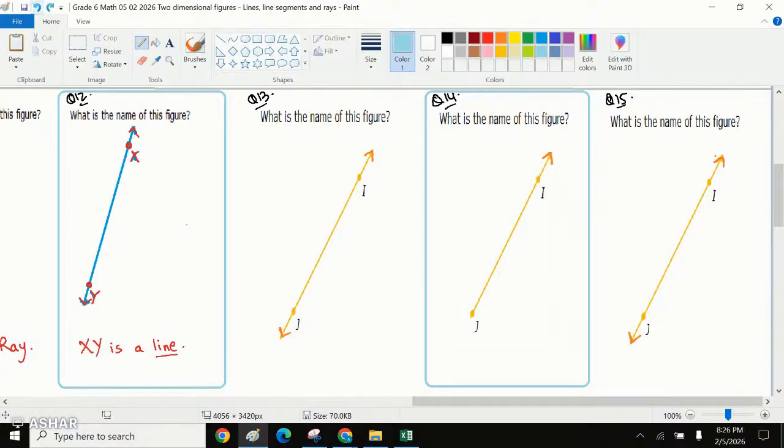There is no starting point, there is no ending point, even though the line has 2 points marked on it, I and J. So we can say that IJ is an indefinite line. Question number 14.